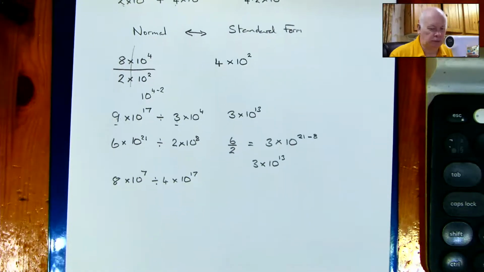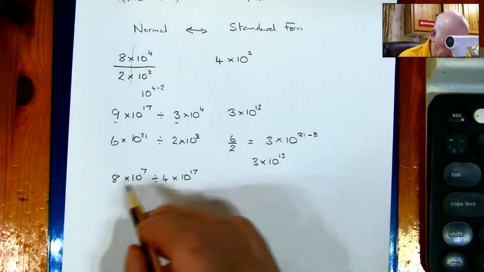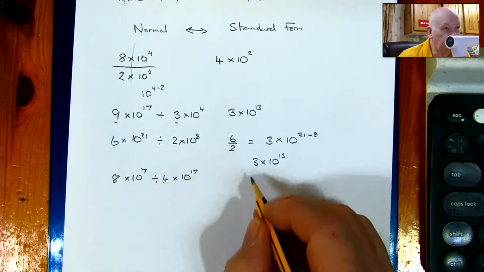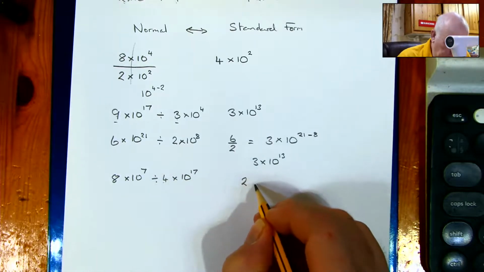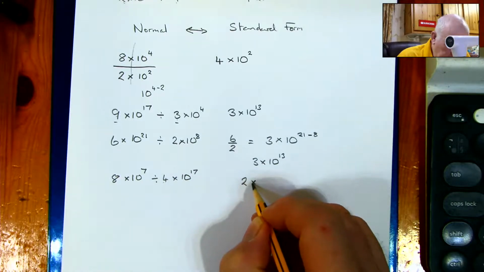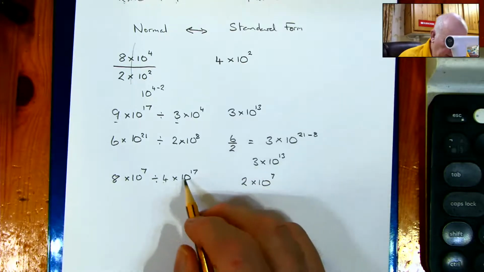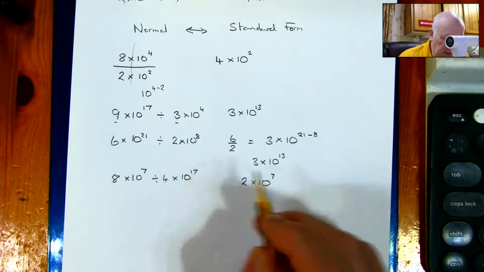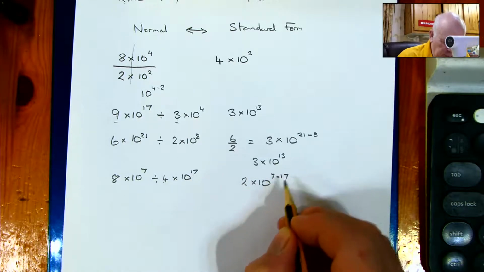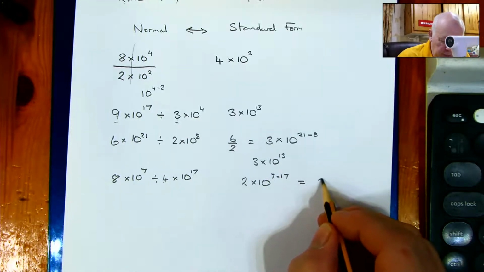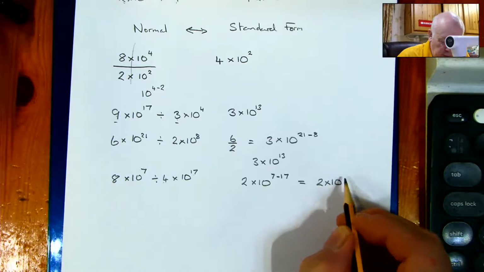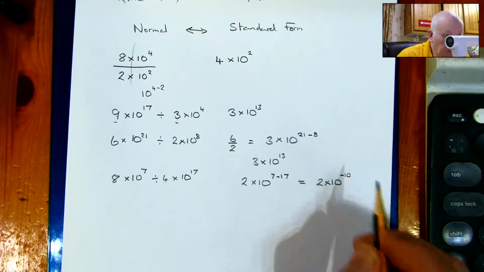So as we go through, it's going to be 8 divided by 4, which is going to be 2, times 10 to the 7. Now, because it's again dividing, it's minus 17, which is going to give us 2 times 10 to the minus 10.